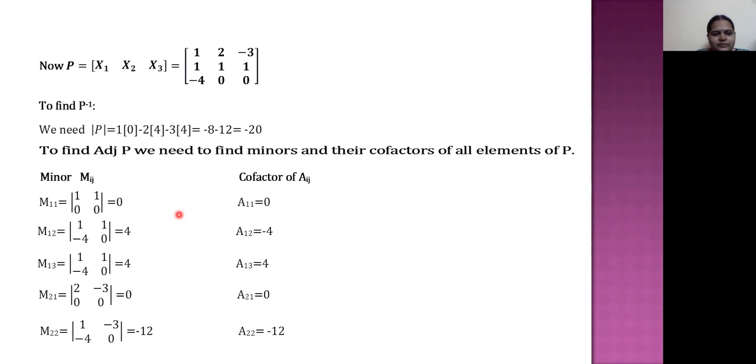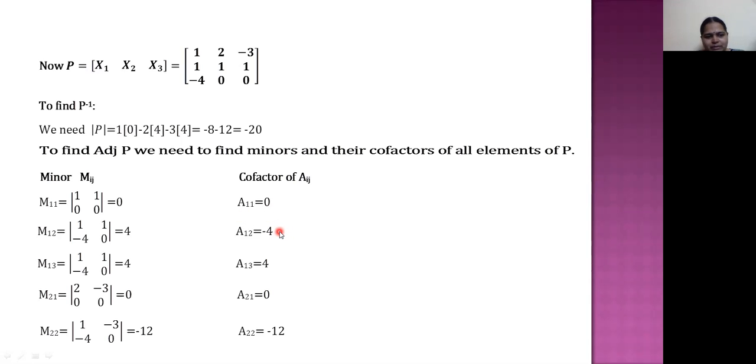So for the first element we always have positive, for the second a negative, then again positive, then negative, like that. That is why A11 is as it is, so this is 0 and this is also 0.